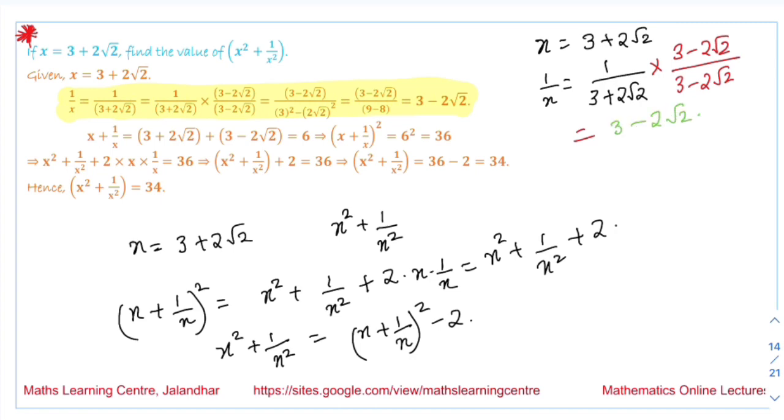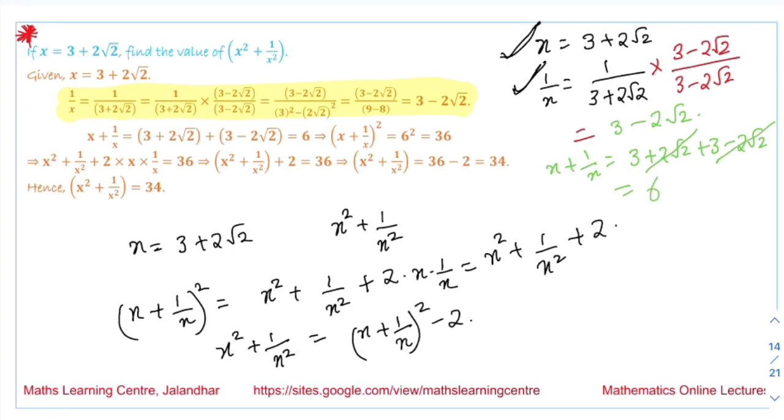So now we have the value of x and the value of 1 by x. You add these two values: x plus 1 by x is equal to 3 plus 2 root 2 plus 3 minus 2 root 2. These two terms get cancelled, and the answer you get is 6.